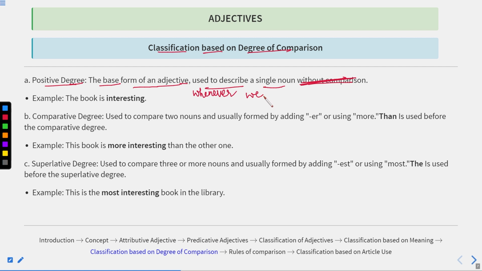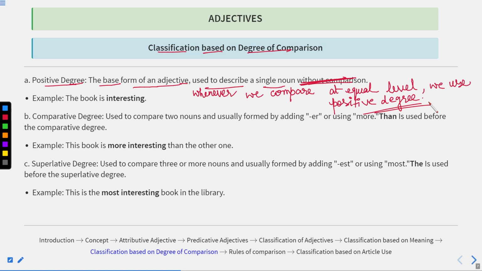In fact, we should say whenever we compare at equal level, we use positive degree of adjective. If I show two things the same or alike, we can use positive degree of adjective to show the similarity between the two.